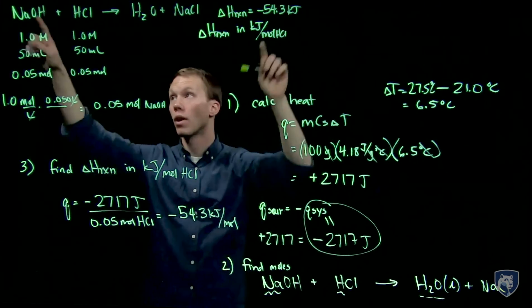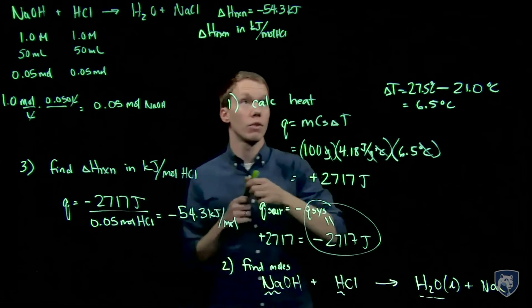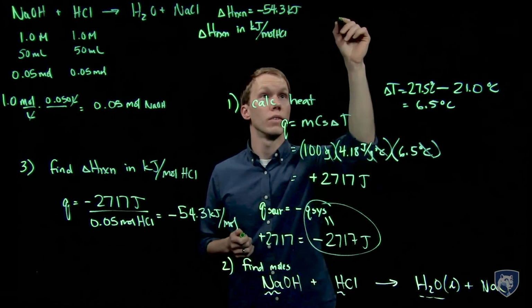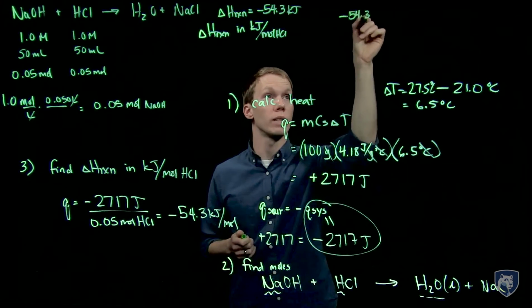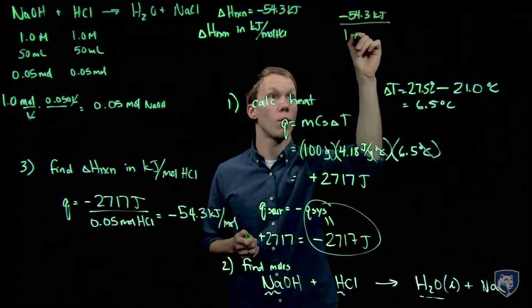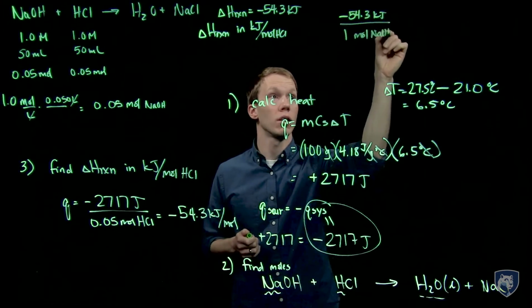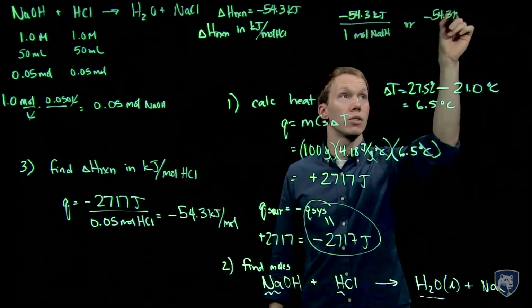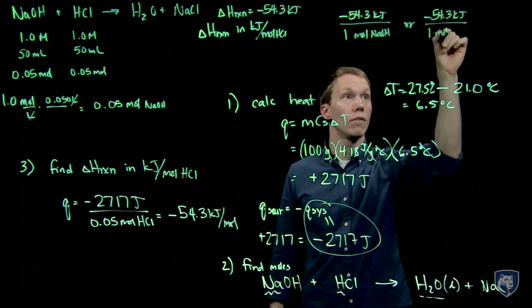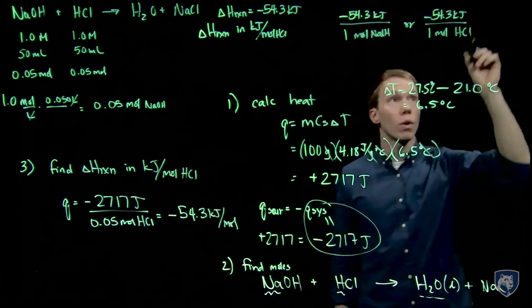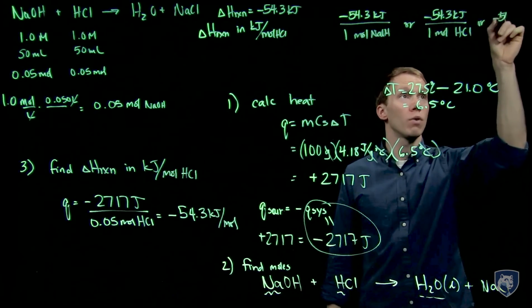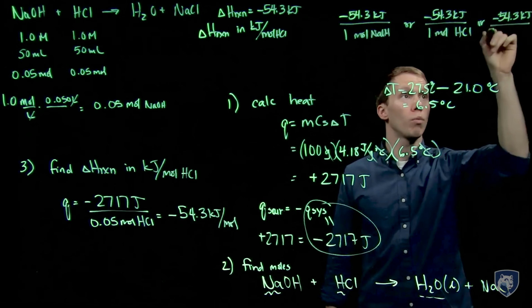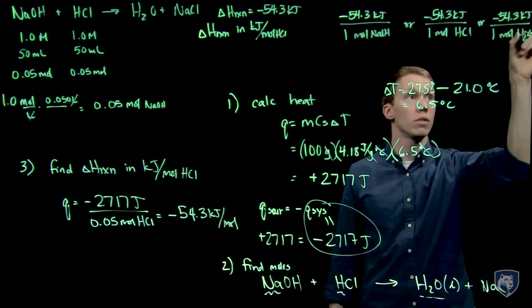So this is kilojoules per 1 mole of NaOH. I could write it like that. So minus 54.3 kilojoules per 1 mole of NaOH. Or I could write minus 54.3 kilojoules per 1 mole of HCl. Or I could write minus 54.3 kilojoules per 1 mole of water produced.